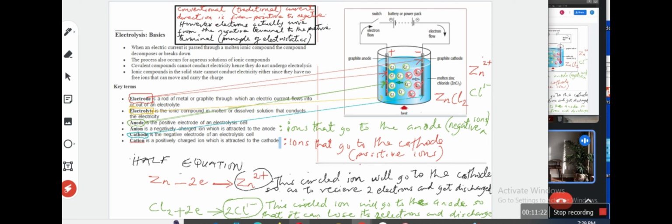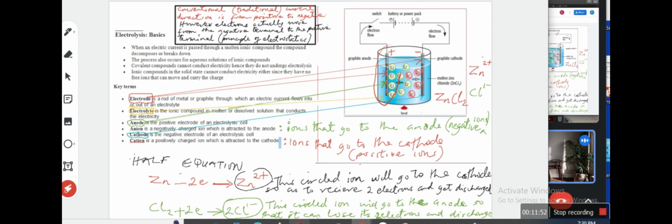Of course you already know that the anode is the positive electrode, while the cathode is the negative. The anode attracts negative ions.